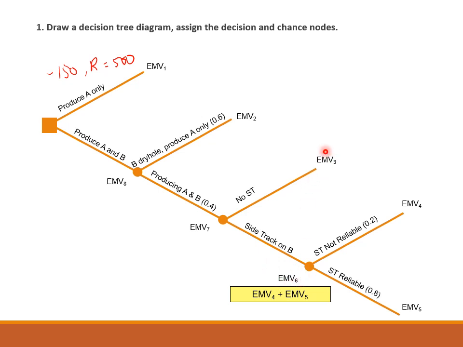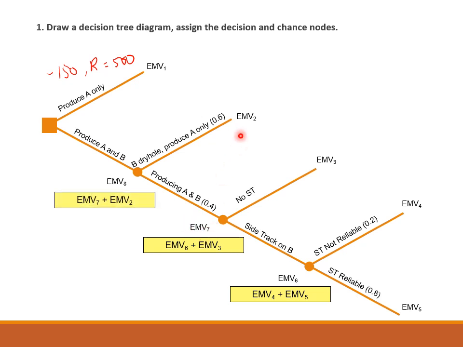Combining EMV6 and EMV3 will give you EMV7, and then EMV7 plus EMV2 equals EMV8. And now to decide whether you produce A or produce A and B, you will compare EMV1 and EMV8.